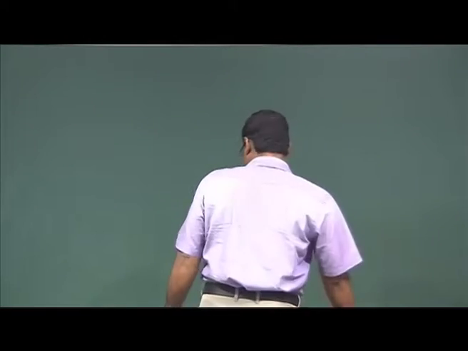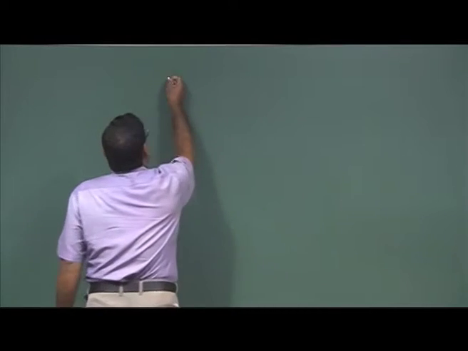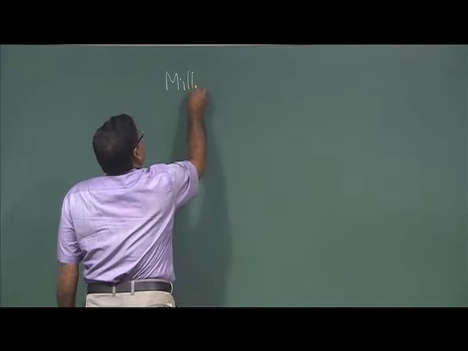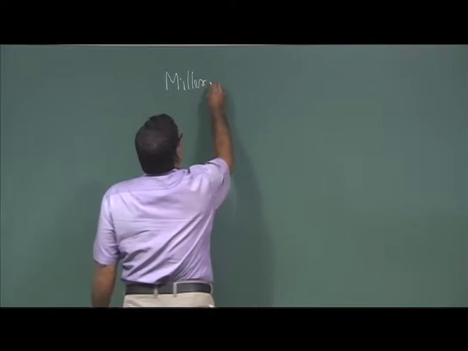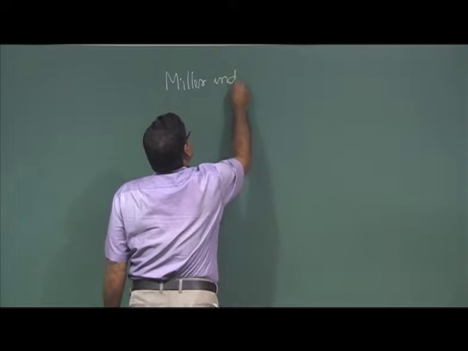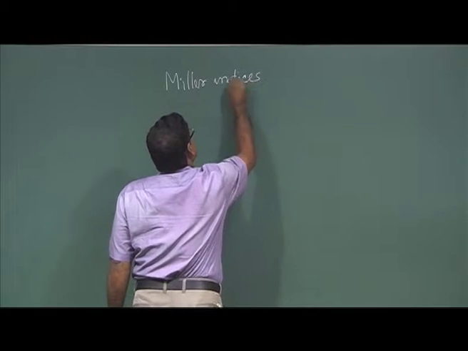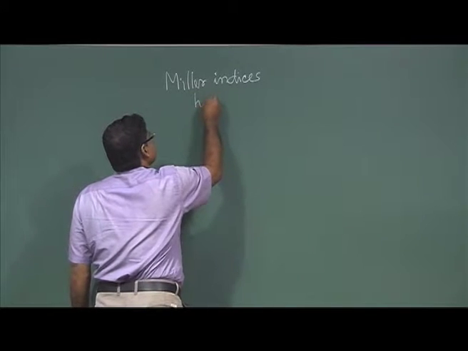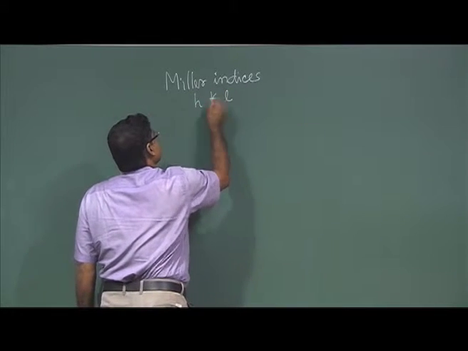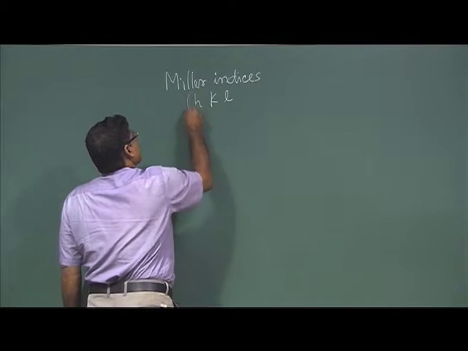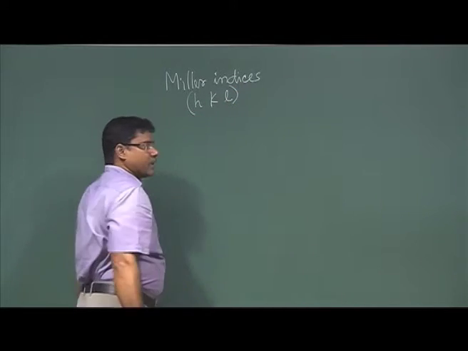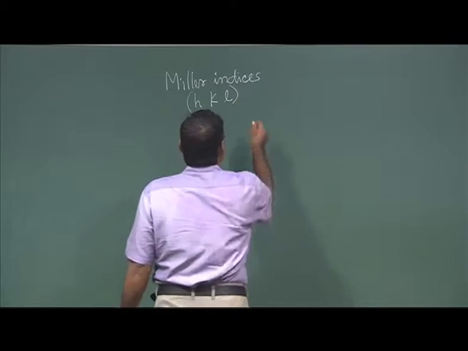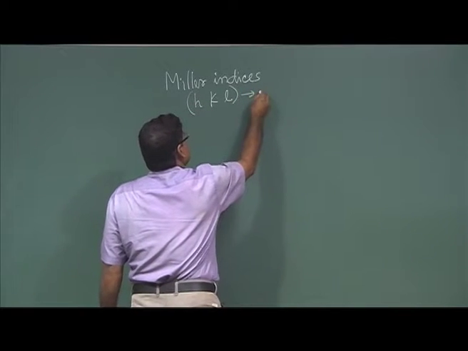We have represented a crystal plane using Miller indices HKL, and when HKL is put in a first bracket, it represents the crystal plane.